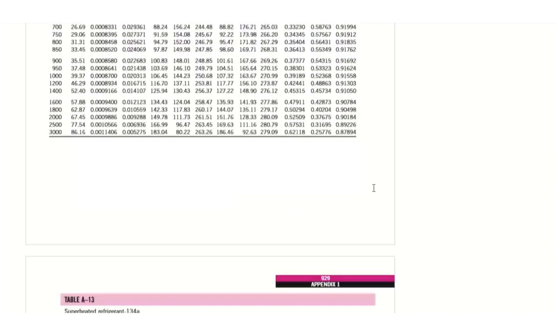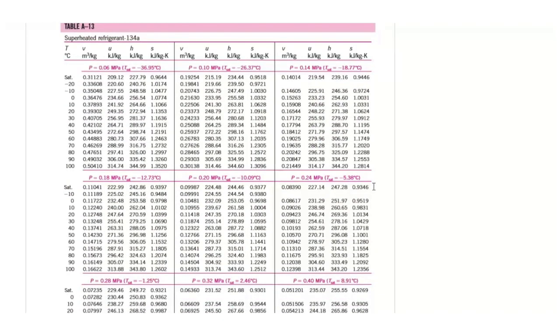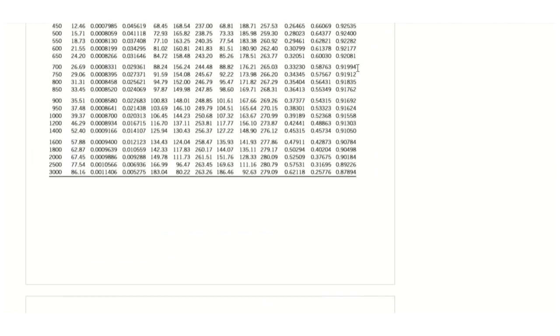So we're going to go to the superheated table, which is table A13. In fact, if you want to refer to the saturation line temperature, you can also use the superheated table. As you can see here, at P of 0.14 megapascal, the saturation line temperature is negative 18.77 degrees C.